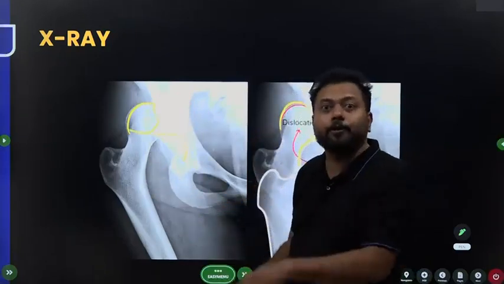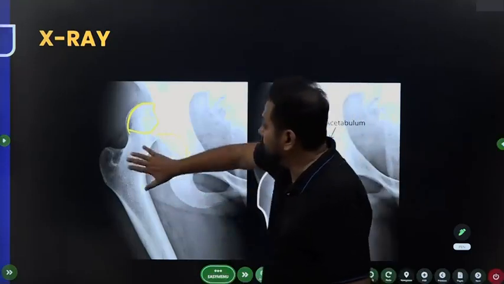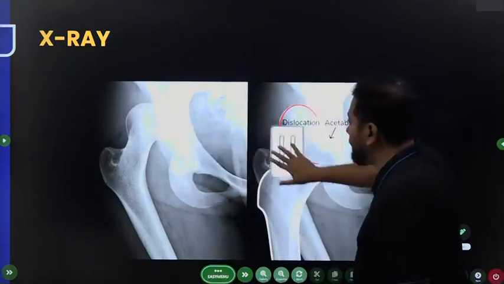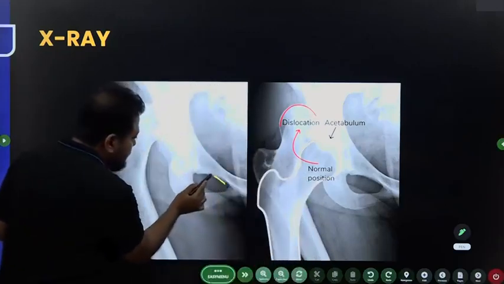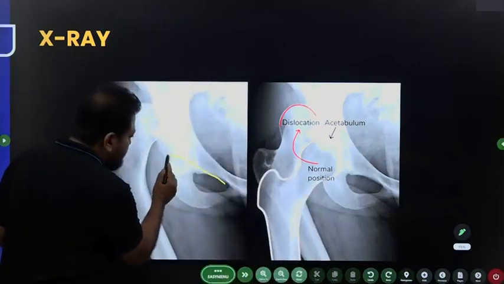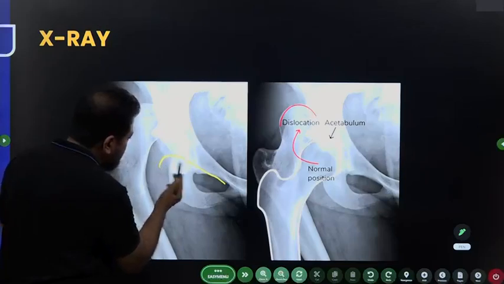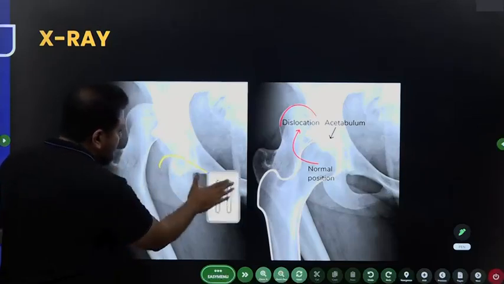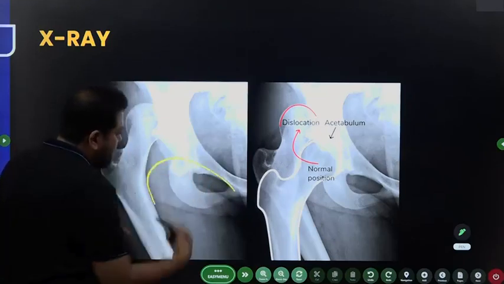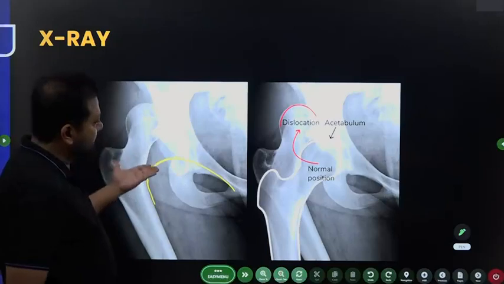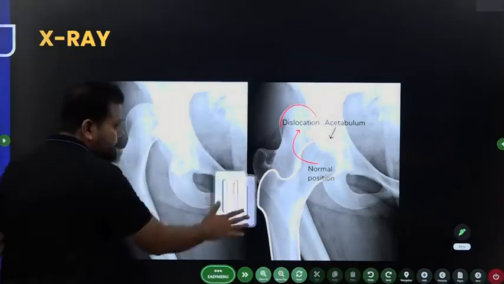This is posterior dislocation hip. Also, when you draw Shenton's line, it is not connecting. Totally broken. Normally it should come like this. Head and neck are not there, so Shenton's line is broken.